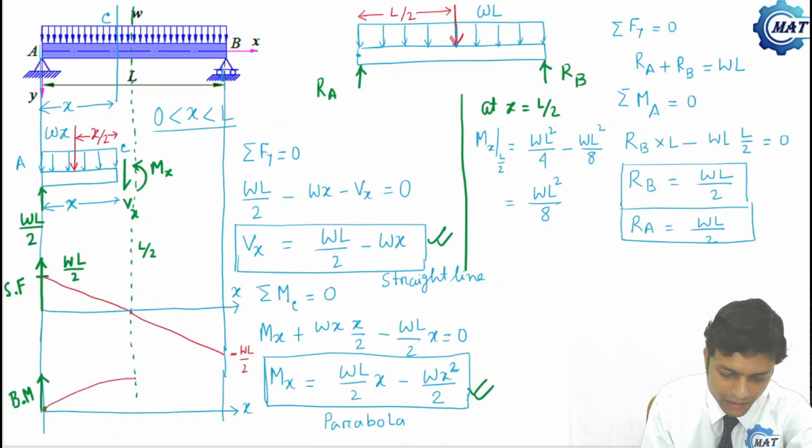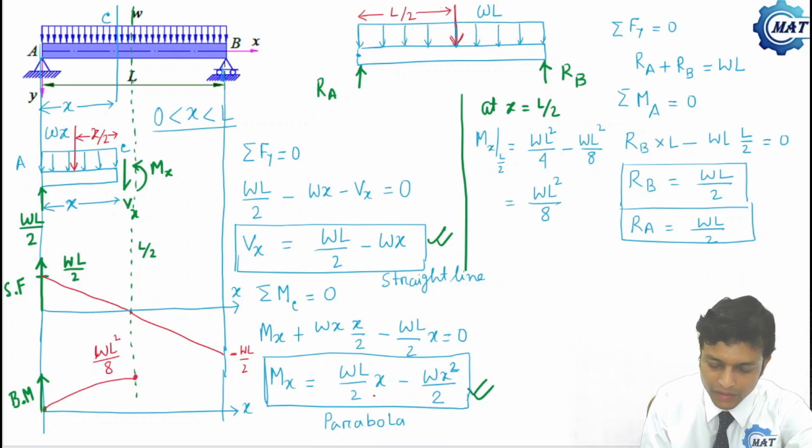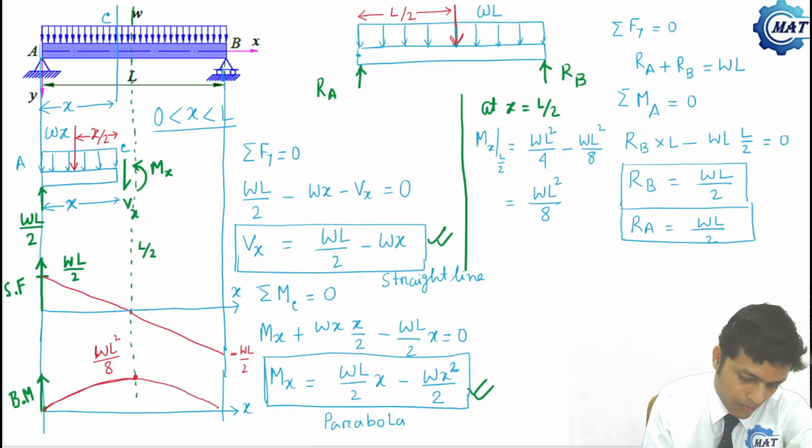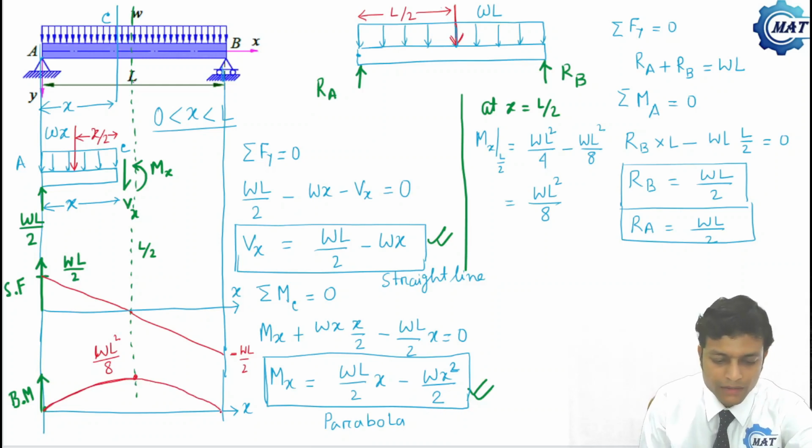That is like this. And here its value is wL square by 8. So this is the value at x equal to L by 2. And at x equal to L, we can see that Mx becomes 0. So this is the bending moment diagram.